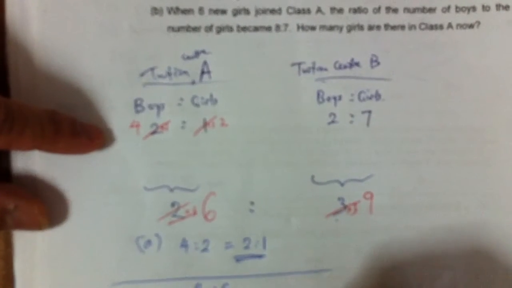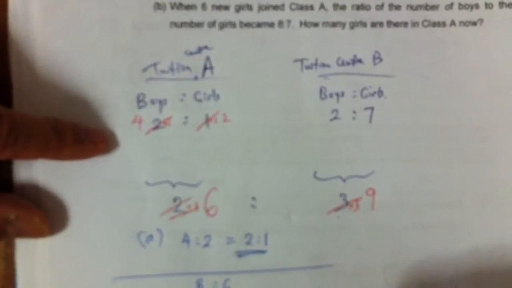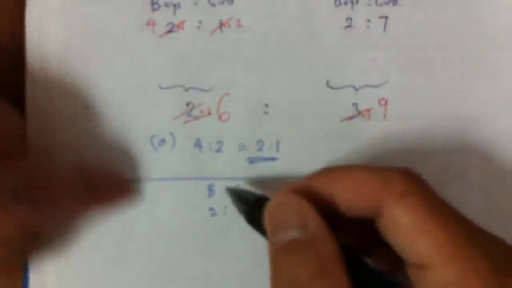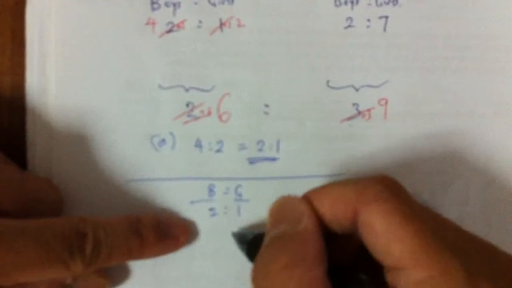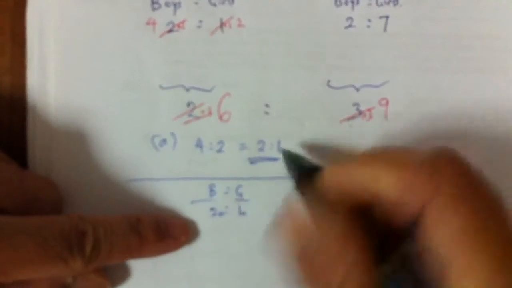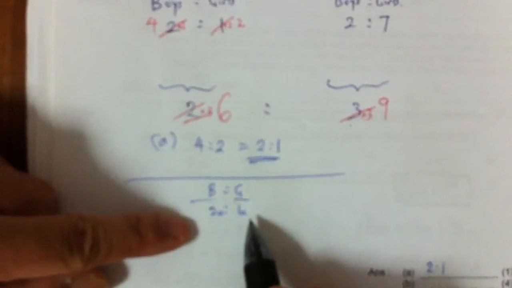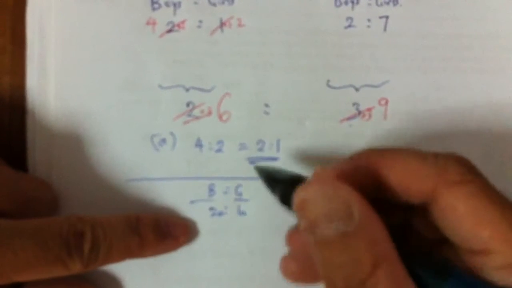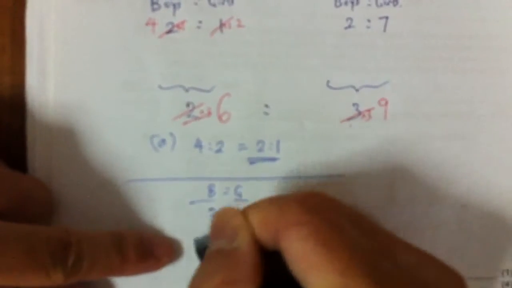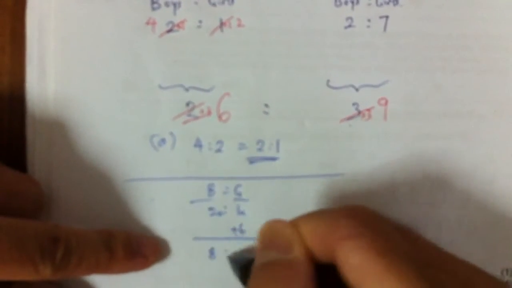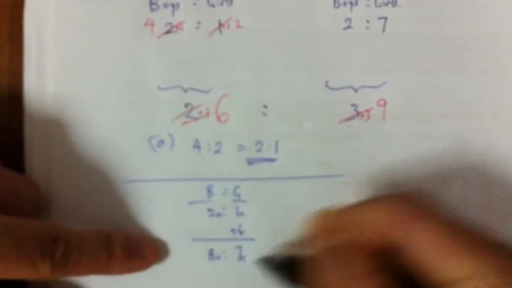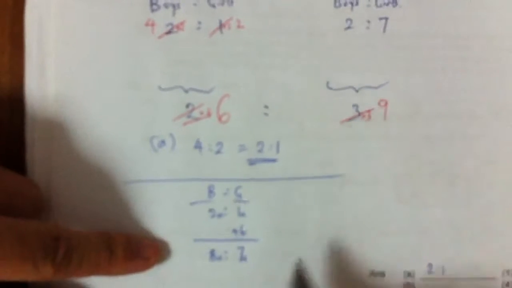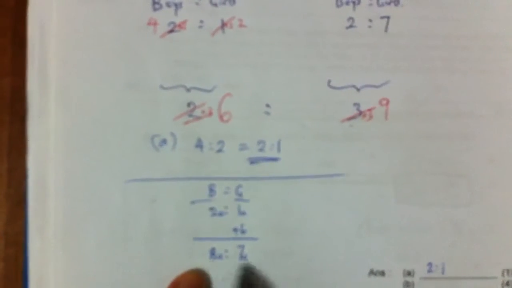These are all units, so 2 units is to 1 unit. Now if I were to add 6 more, the ratio becomes 8:7.